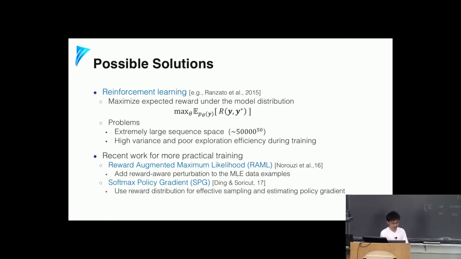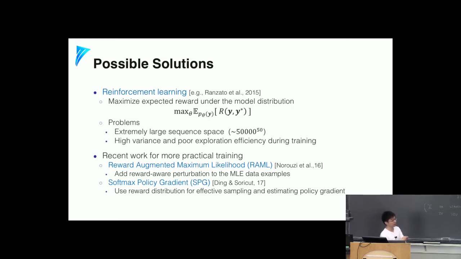And the second method is softmax policy gradients. So this method basically improves the basic reinforcement learning method. So here we can see, in a standard setting, how do we maximize this expectation? We sample y from this distribution and evaluate these objectives, right?